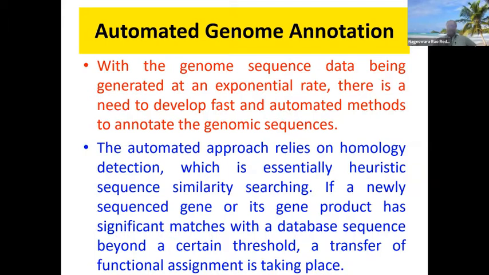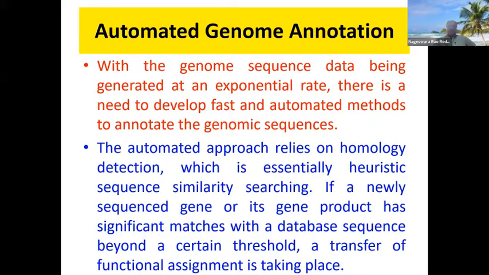In manual genome annotation, we have learned there are two methods: the first one is the ab initio method, the second one is the homology method. And the third one has already evolved, that is gene ontology. All these three have evolved and we are using them.